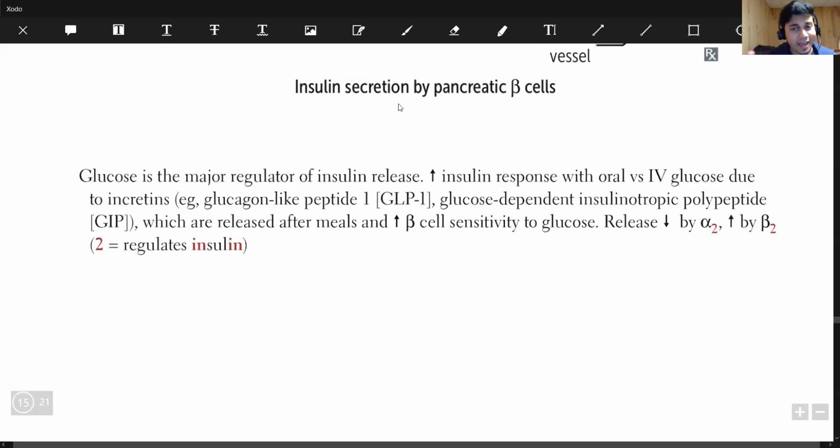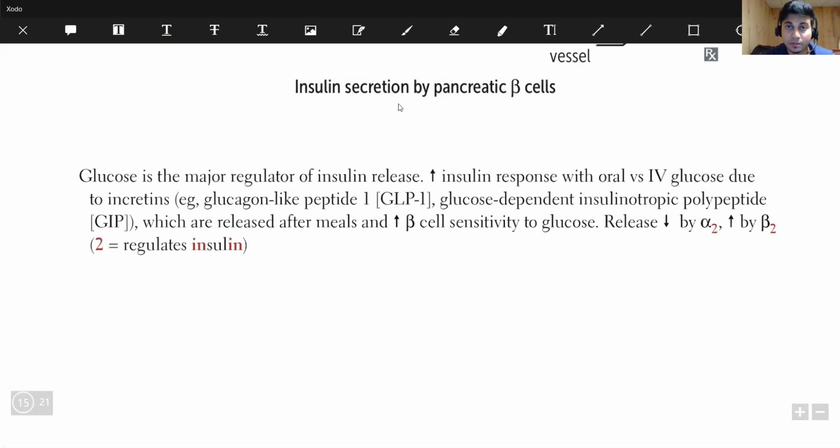Now, what will happen if both receptors are activated at the same time? Usually it is said that alpha-2 activity predominates. That means if norepinephrine is present, it stimulates both alpha-2 and beta-2 receptors. Usually the alpha-2 receptor's functionality predominates in this case, and that leads to a decrease in insulin release.